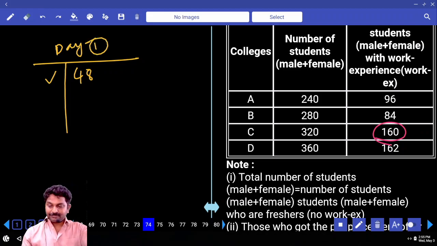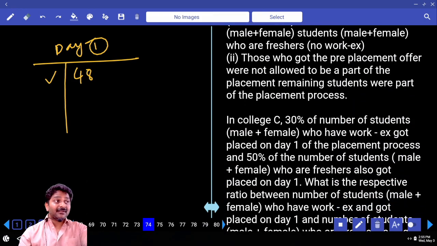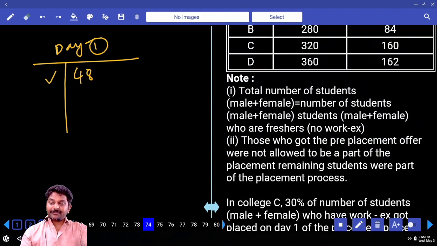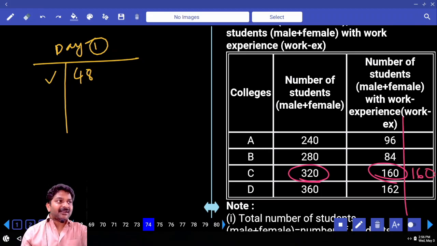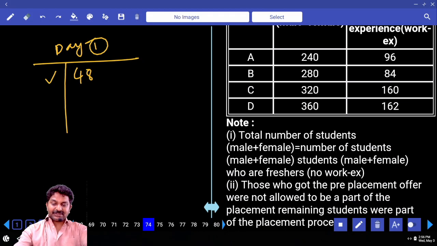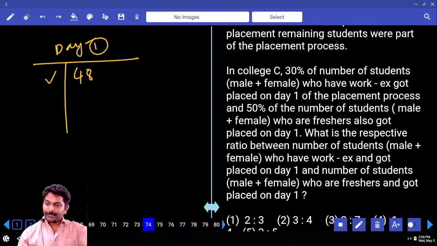Remaining how many are there? Out of 320, how many have work experience? Then how many don't have experience? That means freshers are 160. Continue.